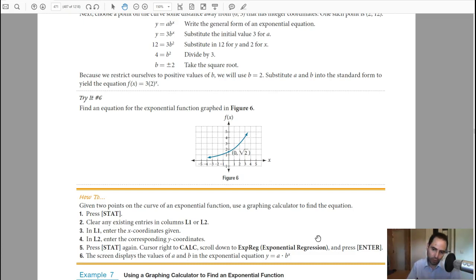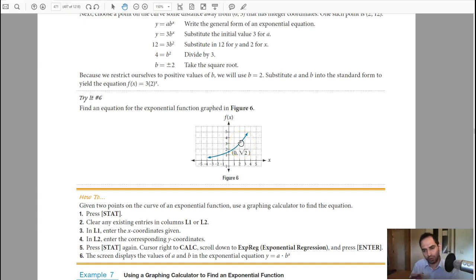So for this you need to know your own calculator. If you don't, you need to read the user's manual. Then you have the graph of the function and 2 points on it.